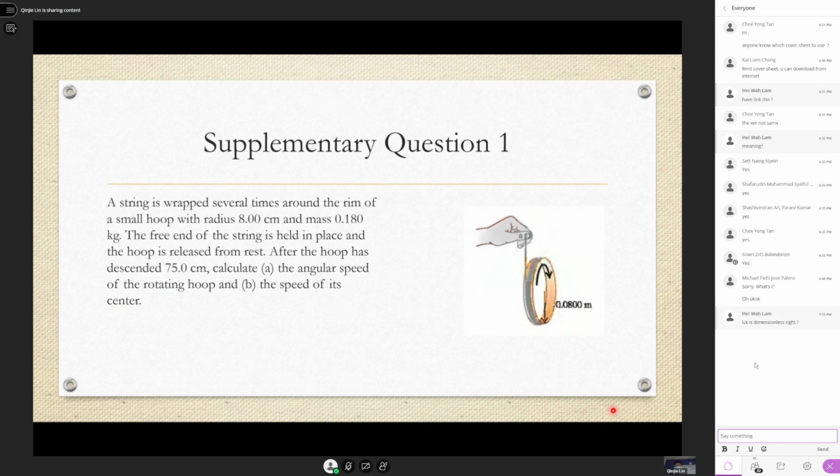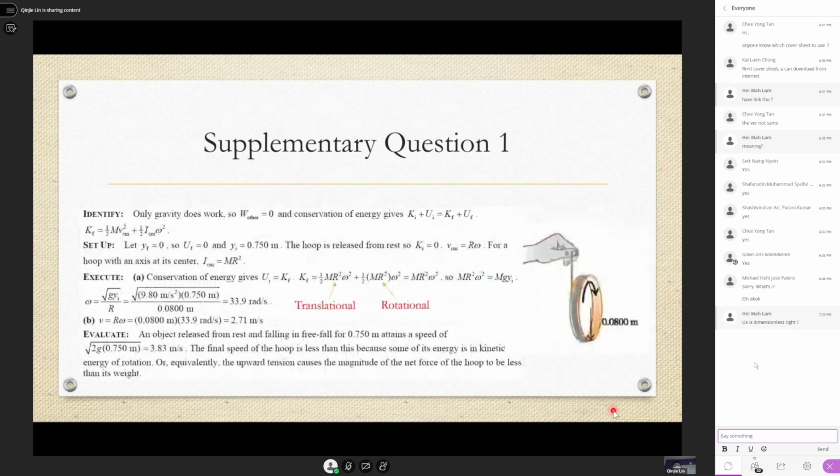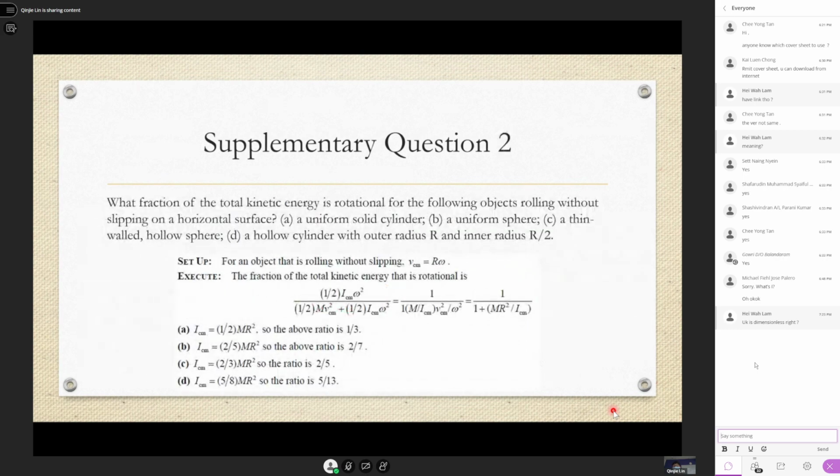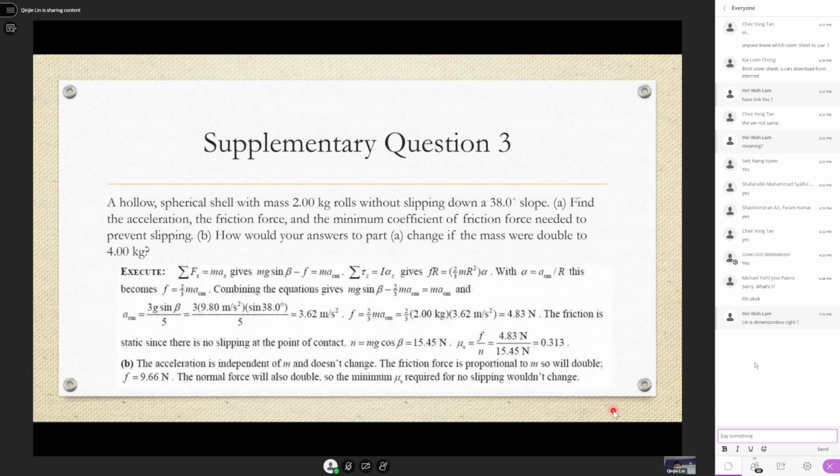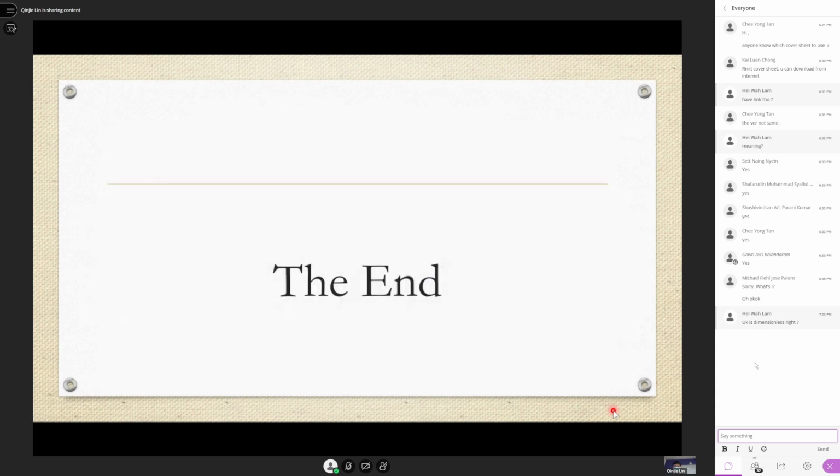Okay, any questions? Then after that, there's a supplementary question, which you can go and read on your own for this part. Mu k is dimensionless, right? Yeah, it is. It's a coefficient.